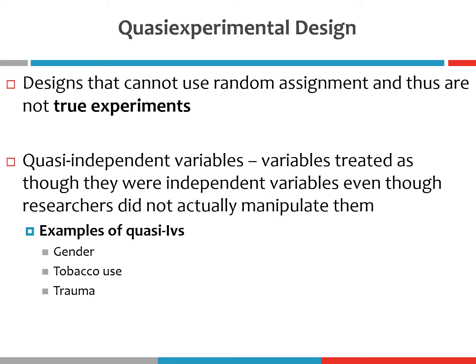Similarly, if we were interested in investigating tobacco use and its influence or effect on health outcomes, okay, maybe our dependent variable would be the presence of lung cancer after 20 years, or maybe we would look at expiratory volume of the lungs, okay?